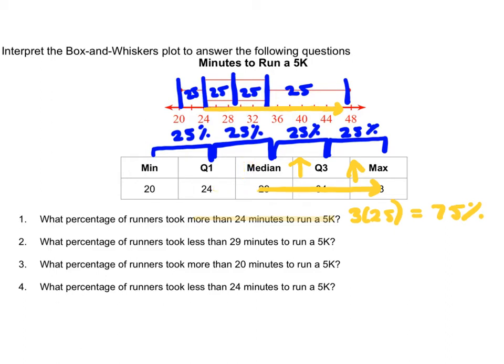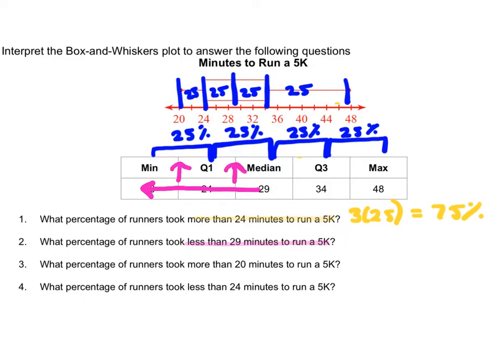Now, if I erase this and I look at the next example, it says, which percentage of the runners took less than 29 minutes? So if I start at 29 minutes and it's less than, I'm going to go through 1, 2 of the 25th percentiles.